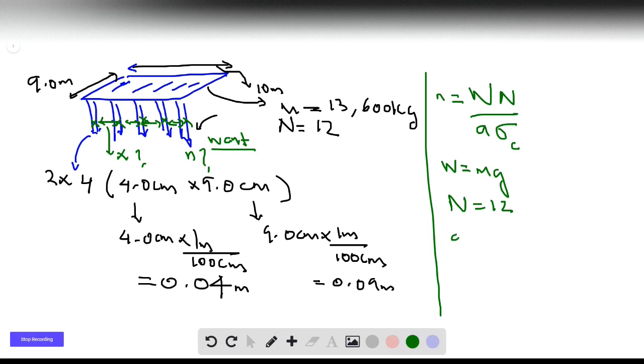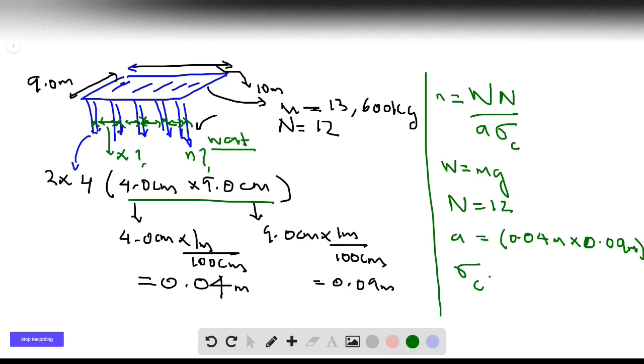And then the area A is the area of the supports. Remember, each one of them has a length of 4 centimeters and a width of 9 centimeters. So that area in meters squared will be 0.04 meters times 0.09 meters. That's the area of itself.